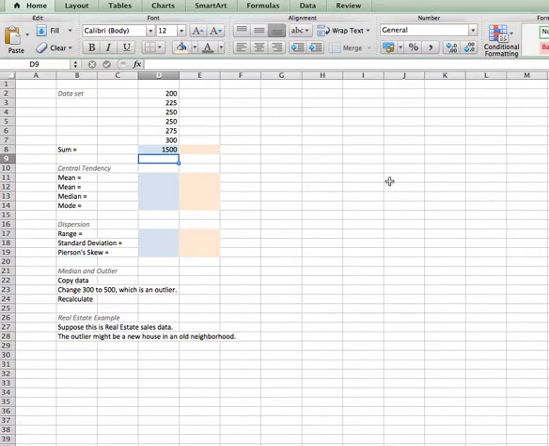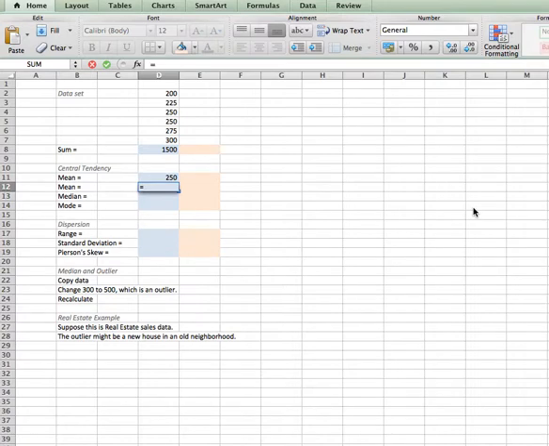Okay, we see that it adds up to 1,500. Next, let's calculate the mean. We can do this in a couple of different ways. First, let's just sum it up and divide by the number of data points. And we see that gives us 250.